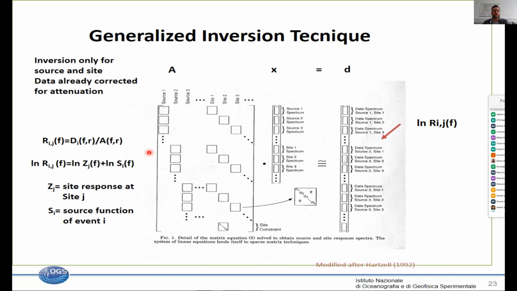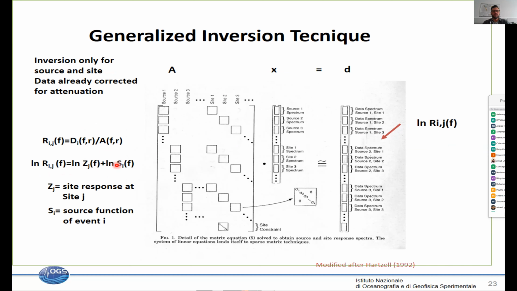Once I have these terms, that was M before, I can correct my original data for the attenuation. And I can say, okay, this residual that I obtain, again, can be decomposed in a term corresponding to the source and a term corresponding to the site.